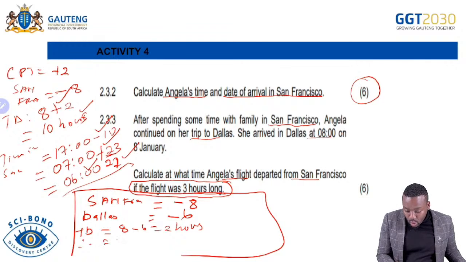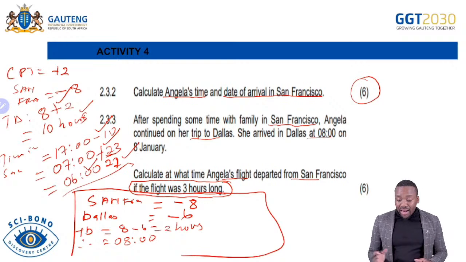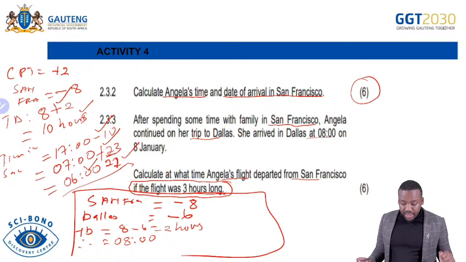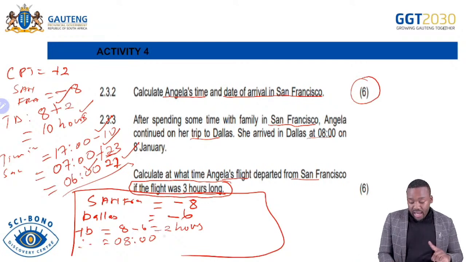Therefore, you want to know when it was 8 o'clock in Dallas. Remember, Dallas is on -6. What time was it in San Francisco? We're going to say 8 minus 2 because San Francisco is on the left. 8 minus 2, therefore we've got what? 6 o'clock.